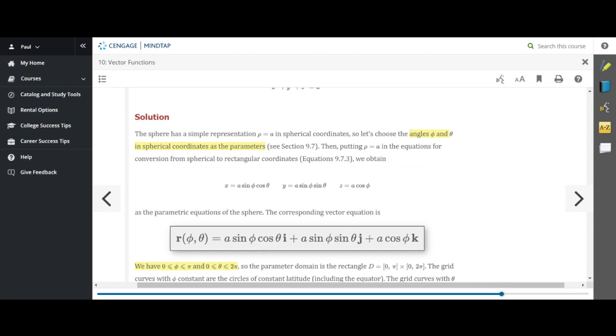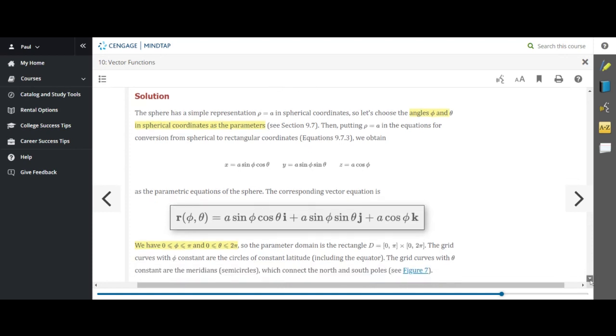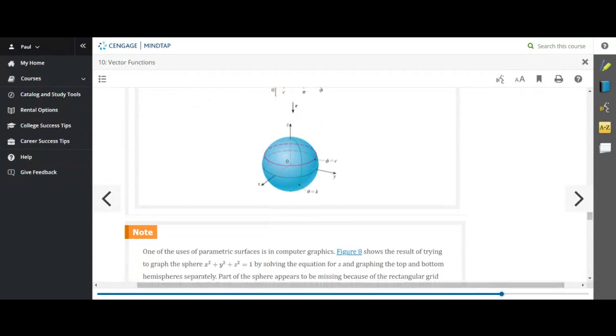And what angles can phi go between? 0 to pi. Think of this vector equation, R of phi and theta, like having a pencil that obeys the vector equation and traces out whatever the domain is for your parameters. If you did that for this particular vector equation, you would trace out this sphere here.